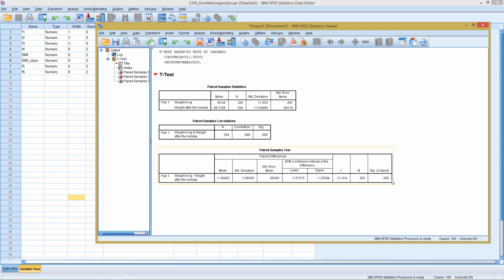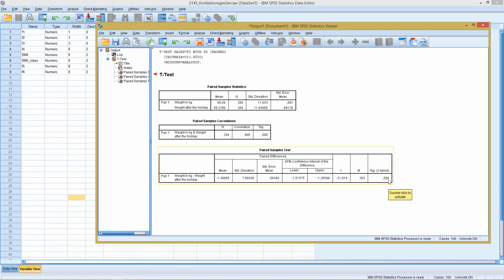Okay, at this point we have only shown there's a difference in weight. We haven't yet shown that the weight after the holiday is significantly larger than the weight before. So what we could do is switch from a two-tailed test to a one-tailed test, and this is easily done by just taking the significance level and dividing it by 2.